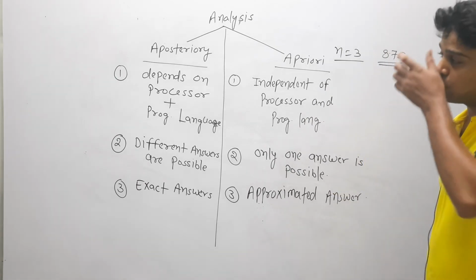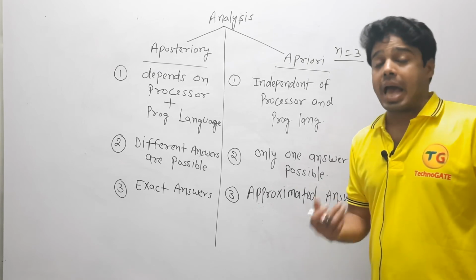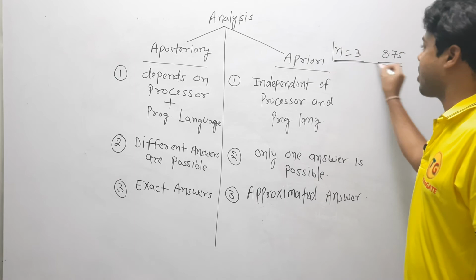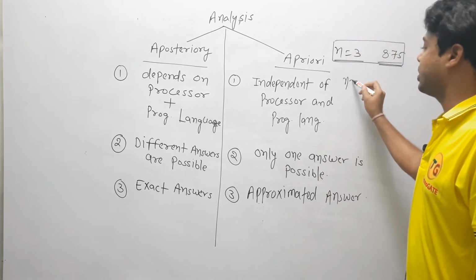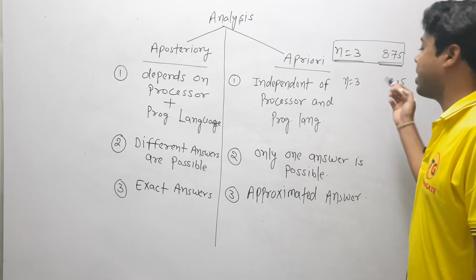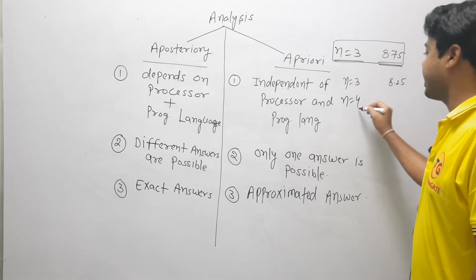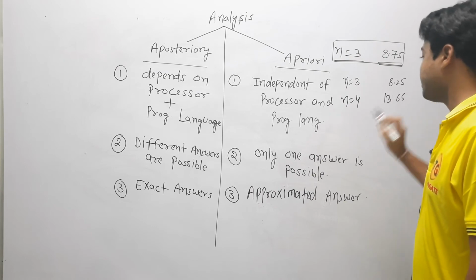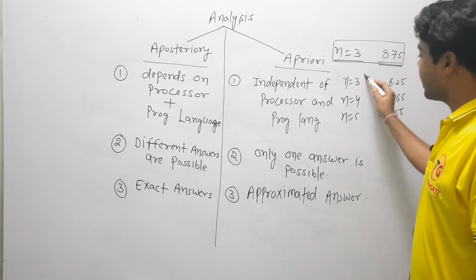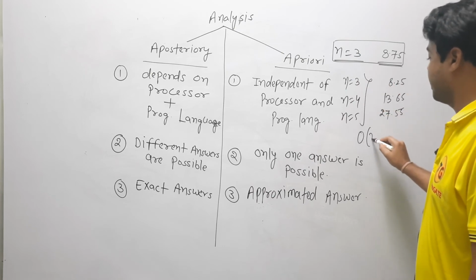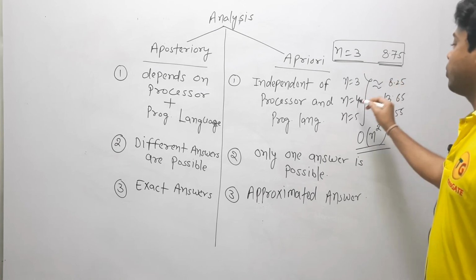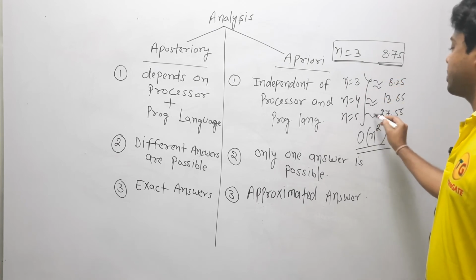Approximated means the total algorithm depends on approximate analysis, not on exact analysis. What is the meaning of approximated here? Suppose for input n is 3 it takes 8.25 seconds, for n is 4 it takes 13.65, and for n equals 5 it takes 27.55. Approximately, it takes n square time: n is 3 approximated to 9, 4 approximated to 16, 5 approximated to 25.